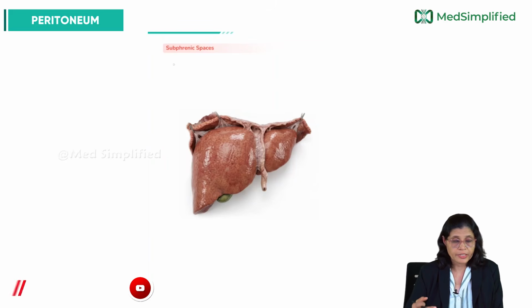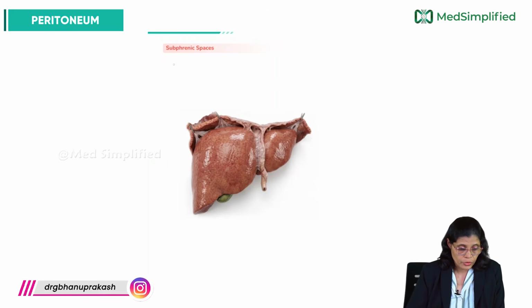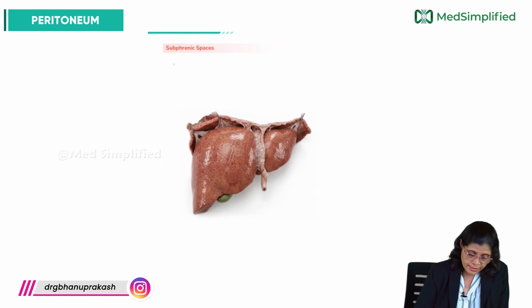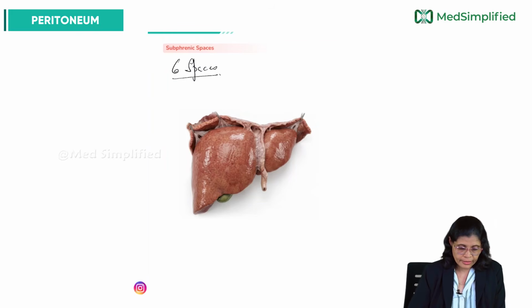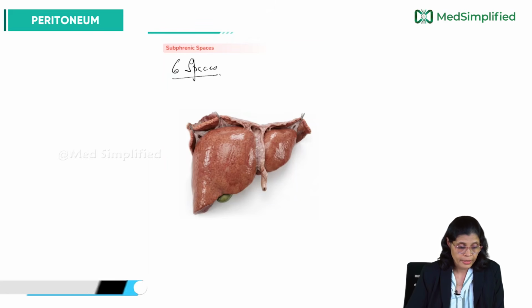Okay, subphrenic spaces. So when we say subphrenic spaces, it is the spaces below the diaphragm. In this, we see 6 spaces in relation to the diaphragm and in relation to the periphery of the liver.